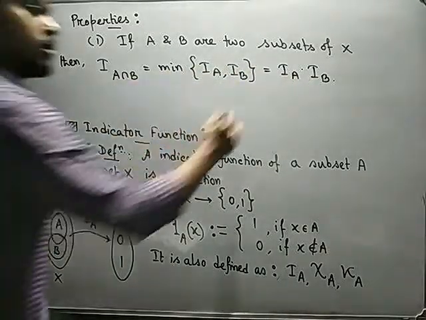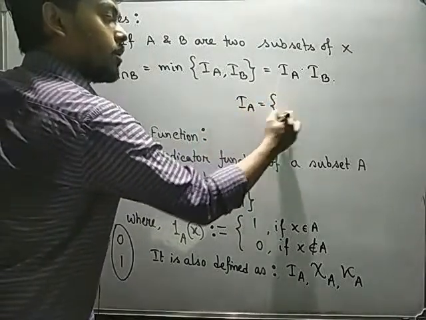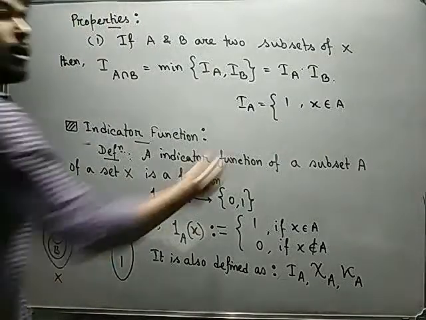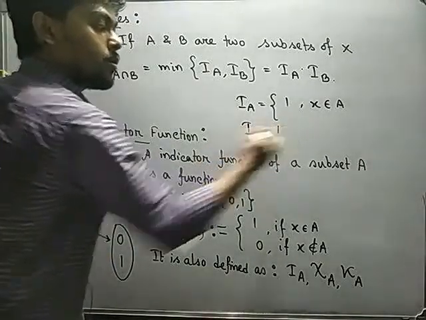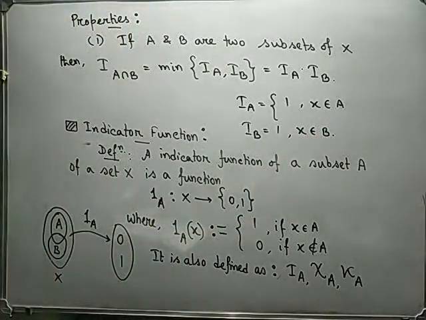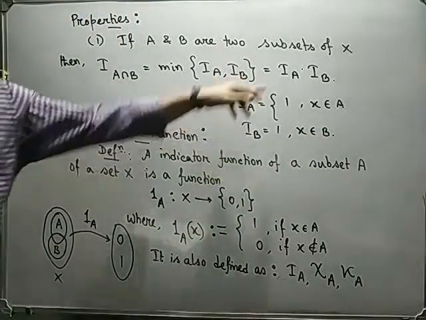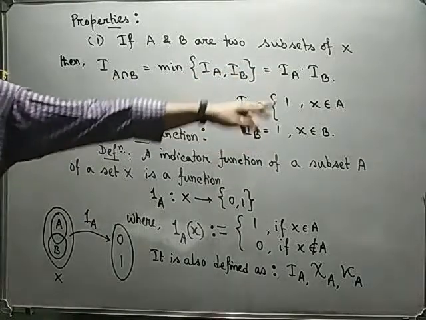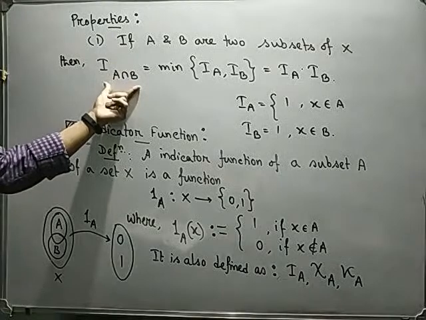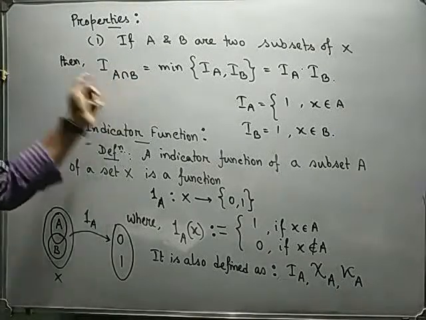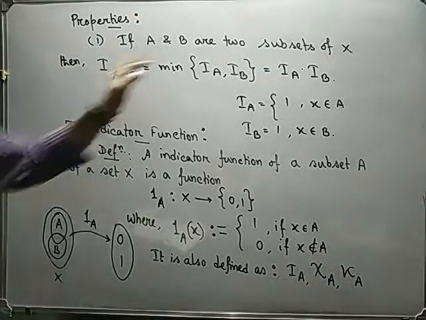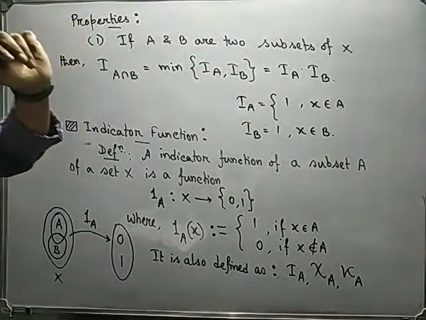Now if IA equal to 1, then X belongs to A. And if IB equal to 1, then X belongs to B also. So IA and IB will be equal to 1 and 1 if X belongs to A and B both. That means X belongs to A intersection B. So that's why we can write indicator function of A intersection B is basically IA into IB.